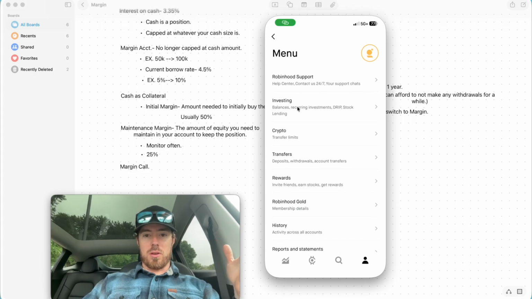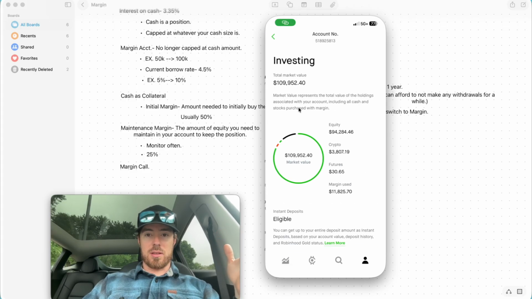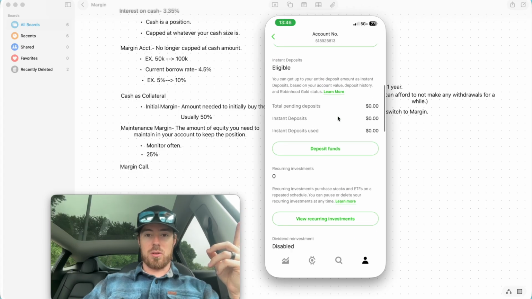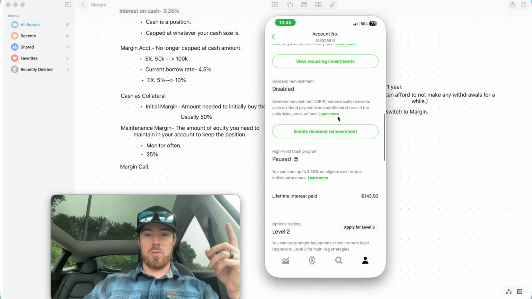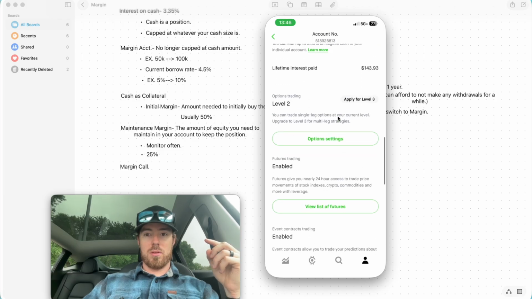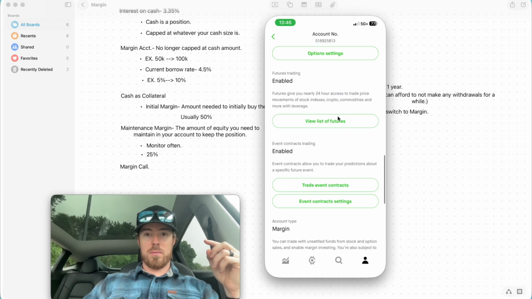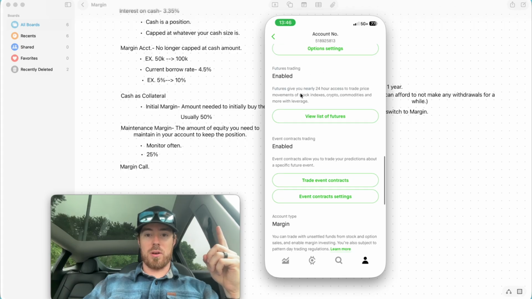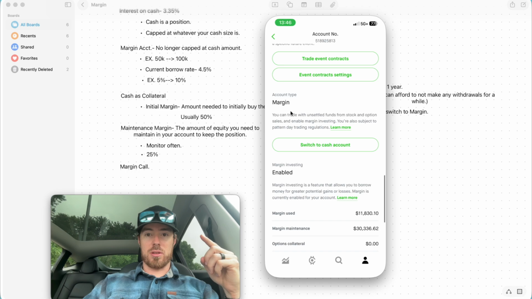You hit menu, and then you can hit investing, and that's going to take you to the same visual as you had on the Robinhood Classic. It's also going to show you this is where you enable futures trading. This is where you enable margin. If you're tired of using margin and you need that money, you can switch back to a cash account.